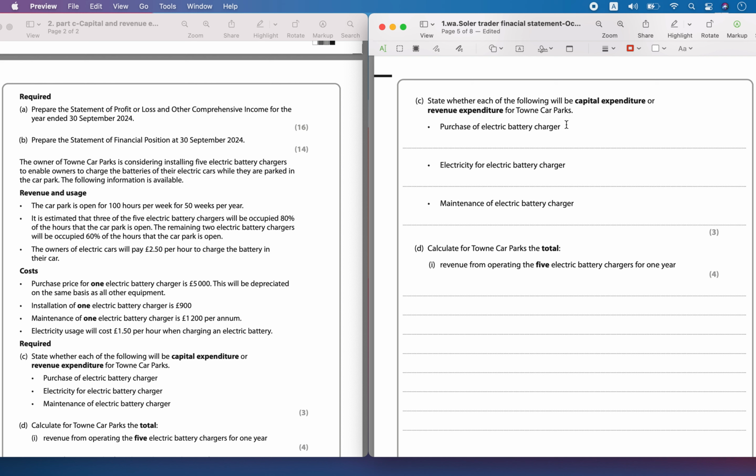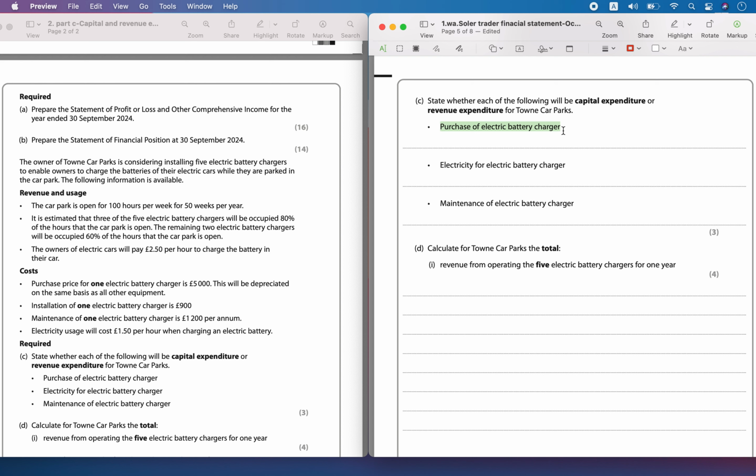And if it is a capital purchase of equipment that becomes an asset and stays for a long time within the business, we call it capital expenditure. Revenue expenditure is where expenses recur every year, whereas capital expenditure is one-time spending and that asset remains within the business for longer than 1 year.